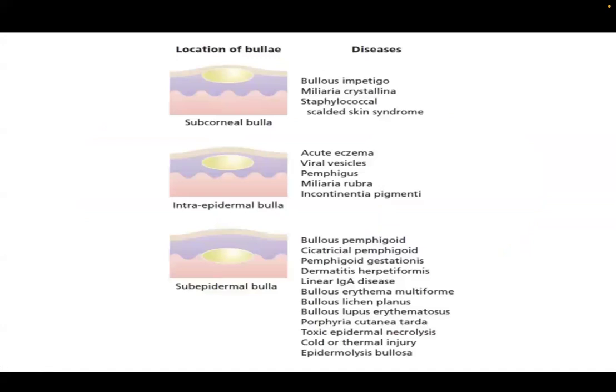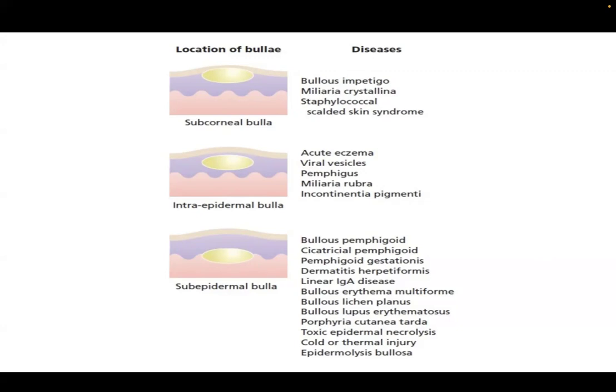For the classification of blistering diseases, especially histologically, we depend on the level of separation or the level of fluid accumulation. If it's very superficial, below the stratum corneum, we call it subcorneal bulla. The differential includes bullous impetigo, staphylococcal scalded skin syndrome, and some of the pemphigus variants.